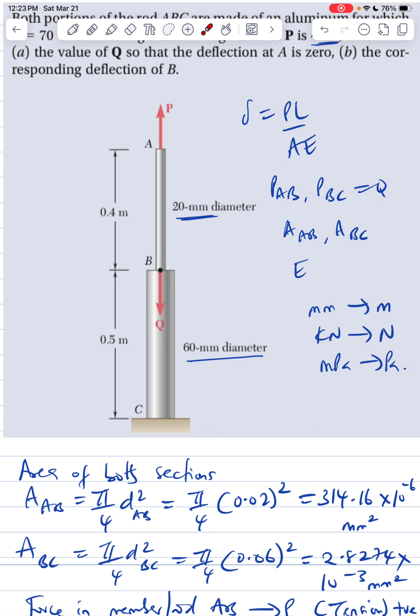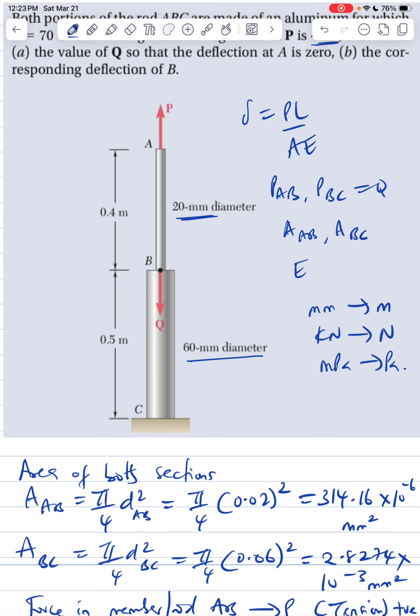Okay, so looking at this, let's find the deflection in member AB. In this member, it's elongating, because assuming this part here is fixed, if you pull this, you are trying to elongate the member.